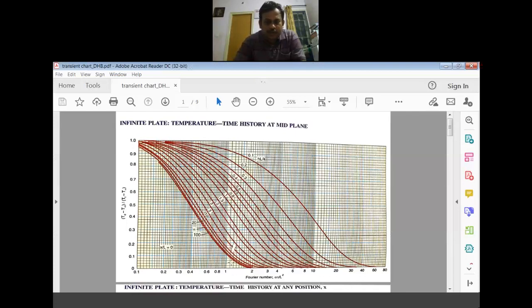So 0.21 is the Biot number, and this is the time history chart. You can see 0.1, 0.2, 0.3, so 0.21 is approximately here. The Fourier number is 3, that is this. So 3 and 0.2, approximately here you can get.